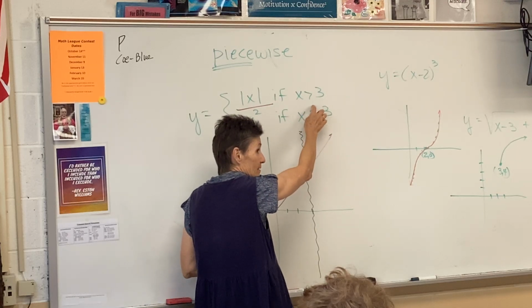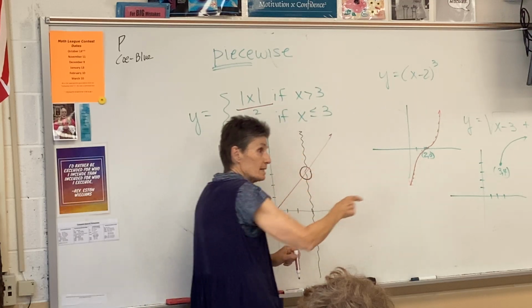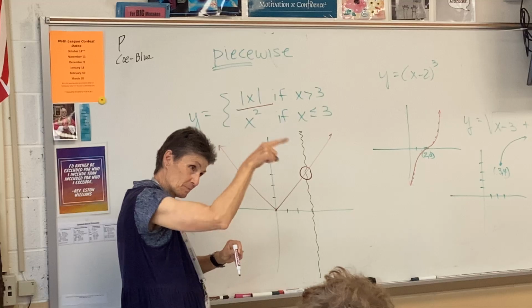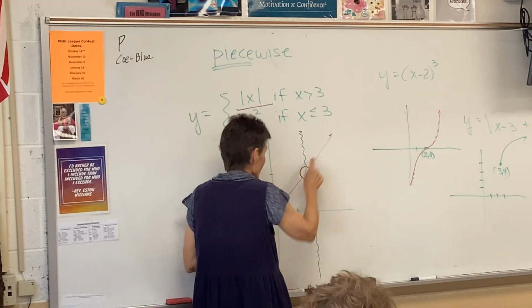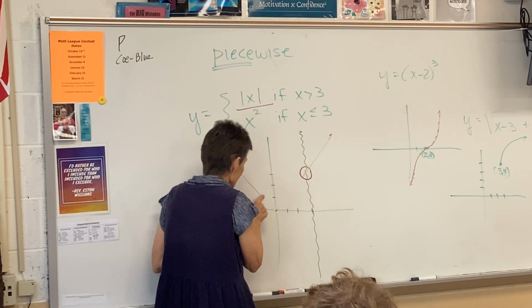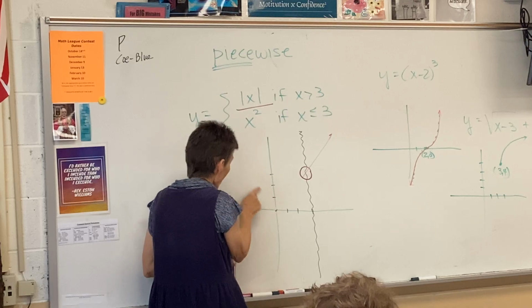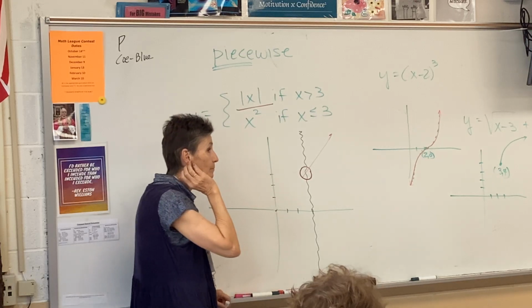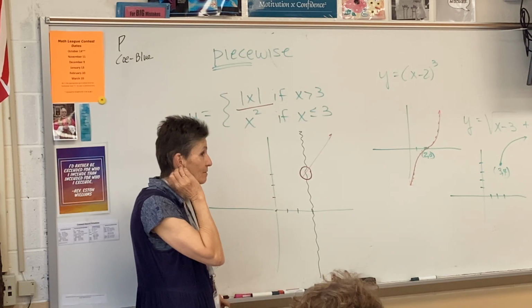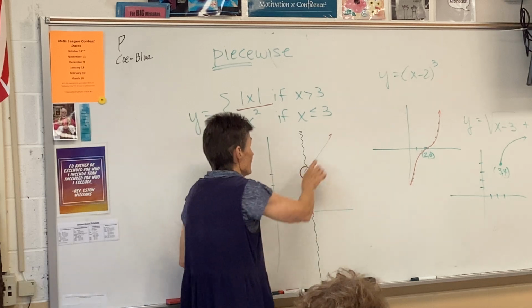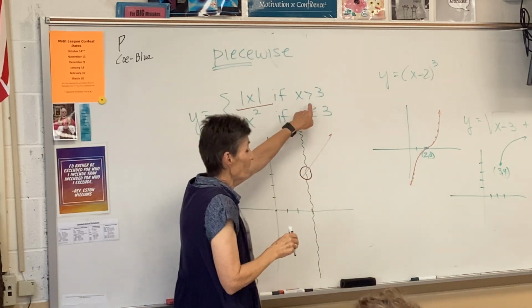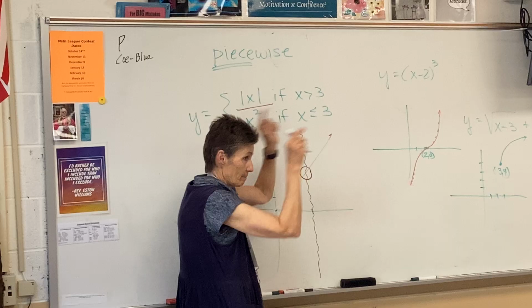What's that say? Greater than. Is it greater than that way? So I'm going to keep this part of the graph and I'm going to erase this. That's gone. I threw that away. I kept only the part of the V that's on the right. This is the right side. Greater than.